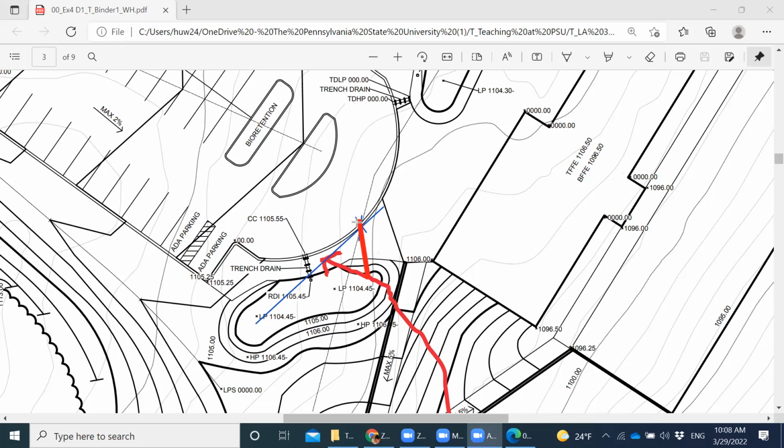Does that make sense? Yeah, and then you just need to build in the depth of the trench drain to know at what elevation water starts to enter the bioretention here, right?